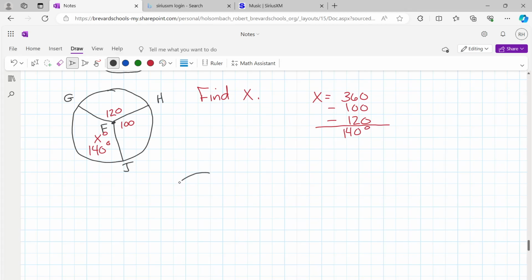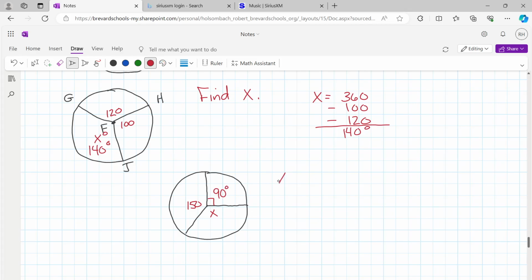Keep in mind when you get the symbol for a right angle inside of a circle. If we're given this picture, the symbol in here means 90 degrees, so don't forget to subtract that 90 degrees from your 360.